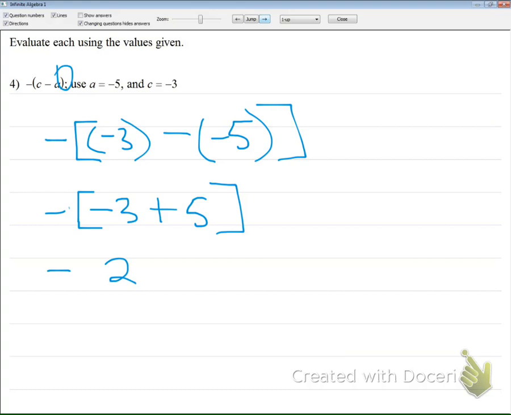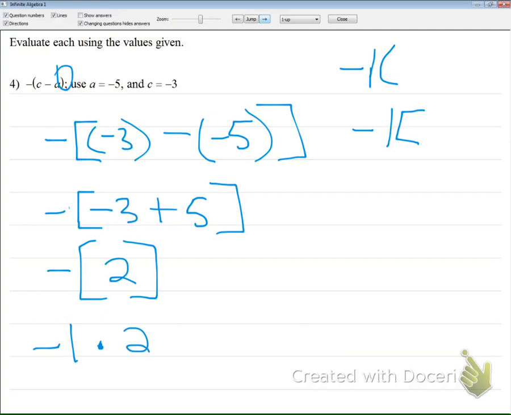Now this negative sign that keeps on floating around here. Whenever you see a negative sign next to a parenthesis or a negative sign next to a bracket, there is actually an invisible 1 here. So this is like saying negative 1 times 2.